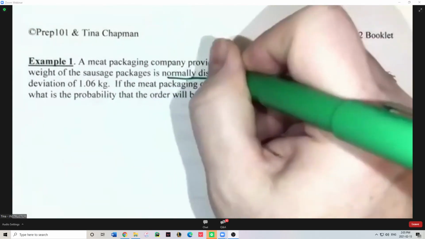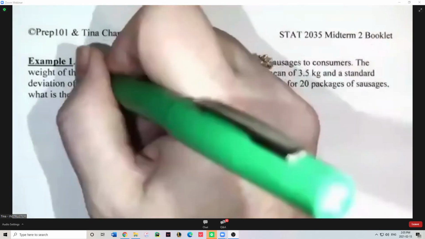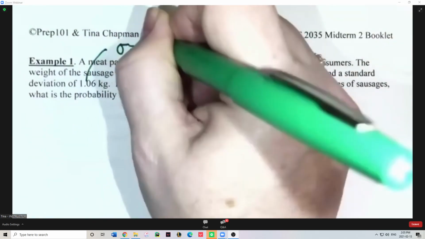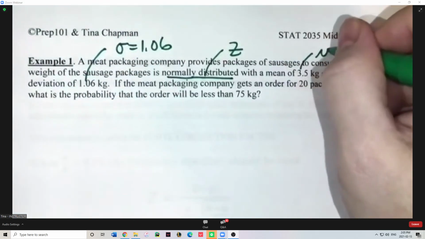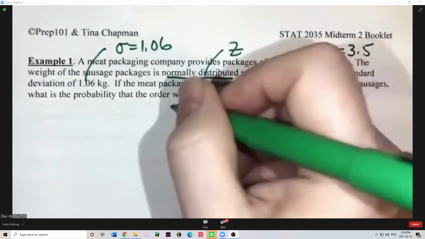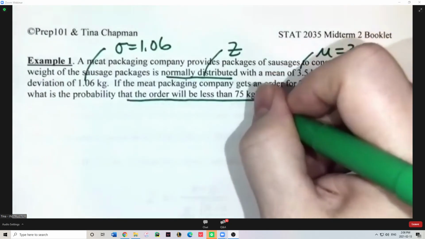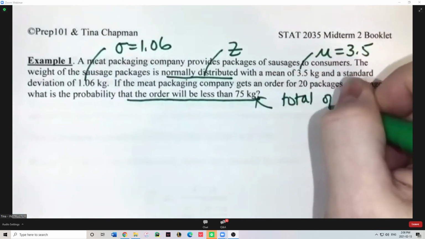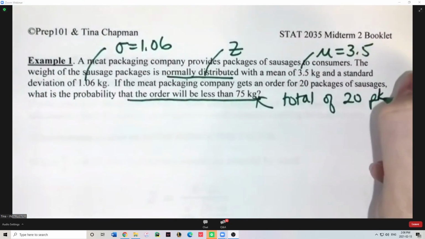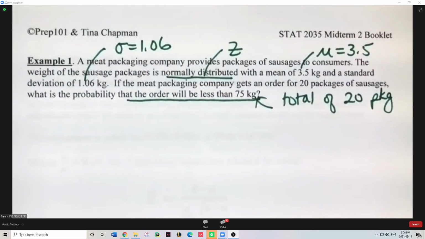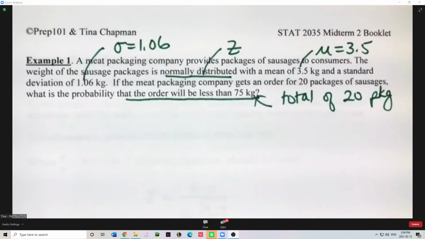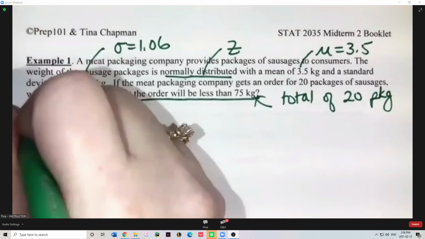So normally distributed, so we know it's Z. Standard deviation, 1.06. Mean, 3.5. And it says the order will be less than 75. So that's the total of 20 packages. So let's get the mean example.